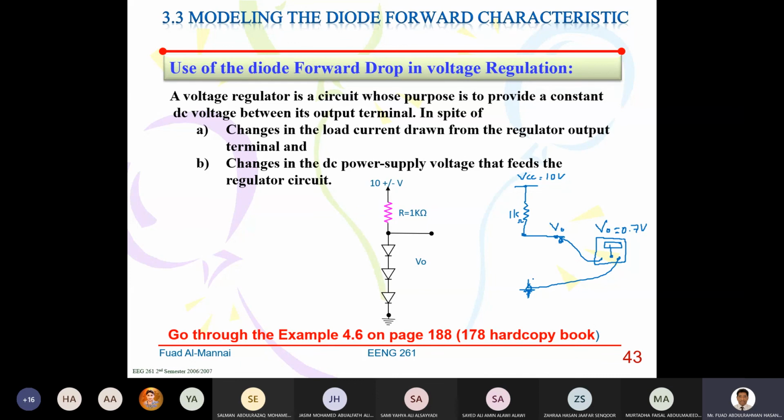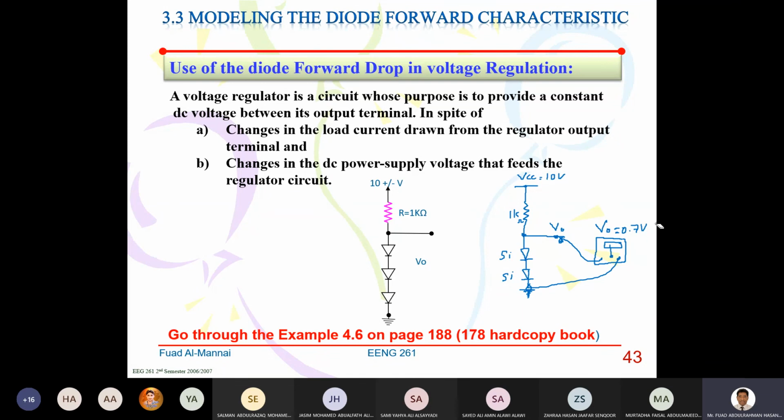So this one here will be 1 over here, and then I take another one, the same thing, and put it over here. These are both Si. So my output voltage will be equal to 1.4.